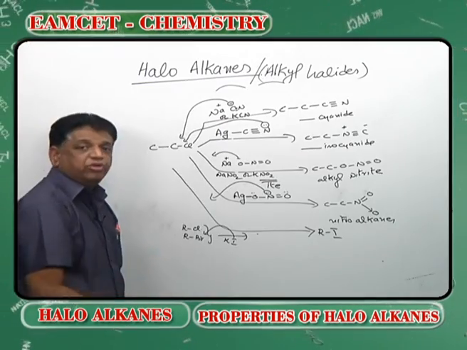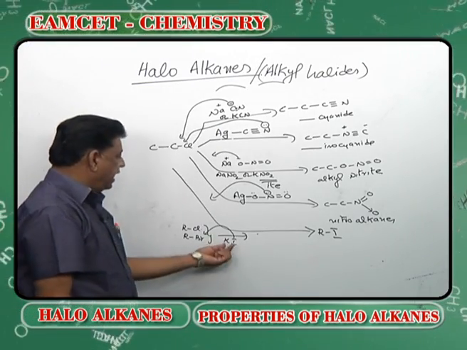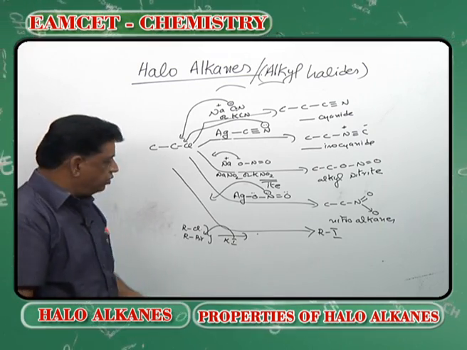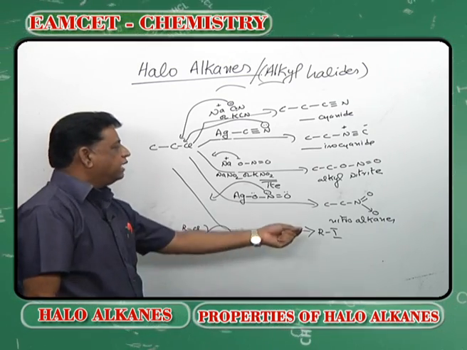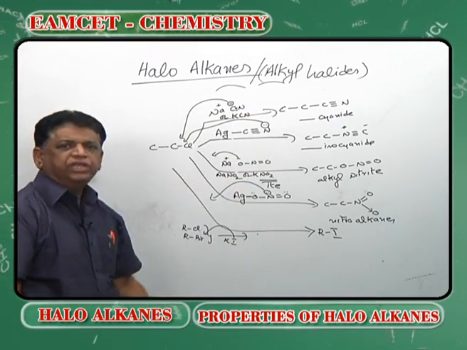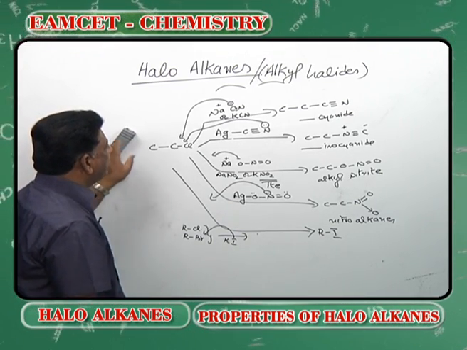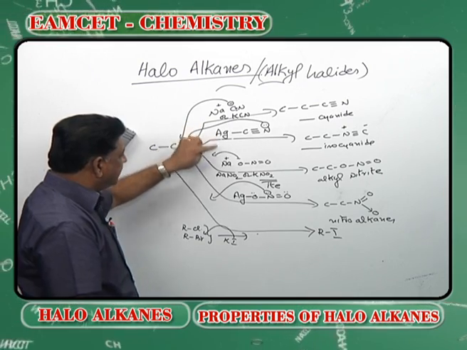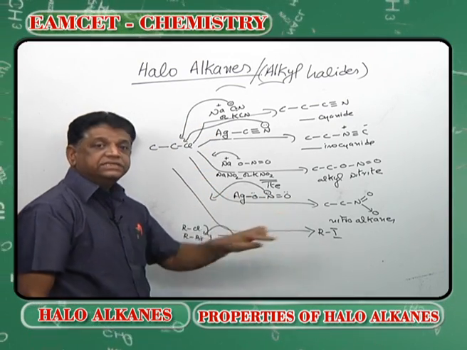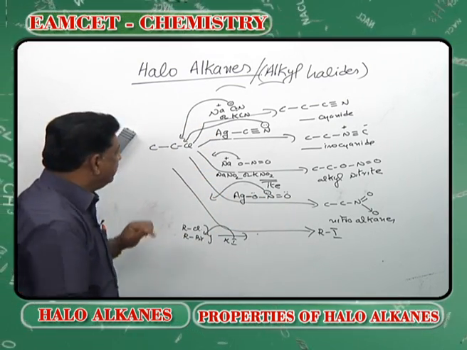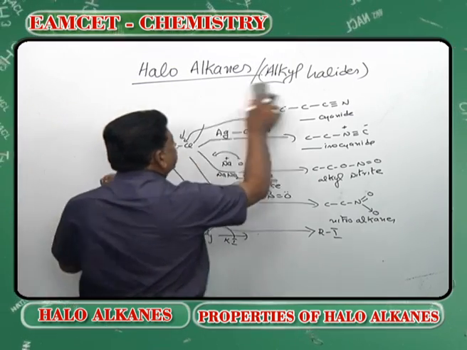Within the halogens also, I minus happens to be a stronger nucleophile, so it replaces the halogens. So a big list of substitution reaction examples are there, of which the silver cyanide and silver nitrite questions have been repeated several times, even in the recent EAMCET examinations.